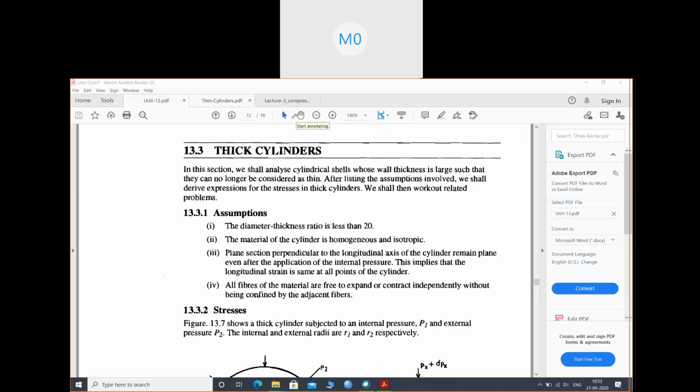So see, a thick cylinder is a cylinder whose wall thickness is greater than 1 by 20 times its internal diameter. That means a thick cylinder is the opposite of the thin cylinder we have discussed.